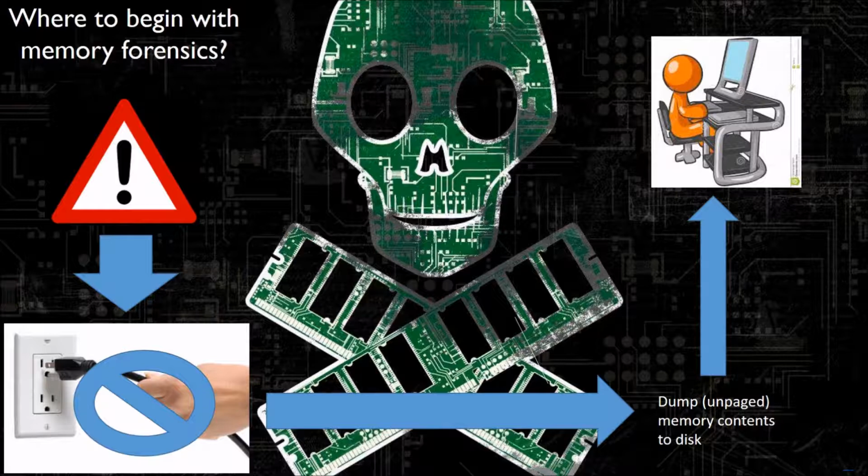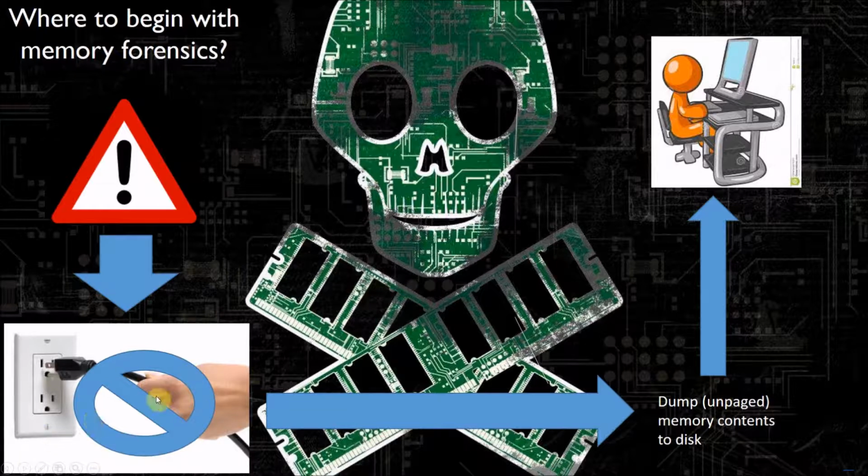And I know that pulling the plug may be something that's really first nature to someone, because if someone's currently in your system, it makes sense to pull the plug so that they no longer have access. But from the forensics point of view, we want to keep that computer powered on as long as possible.